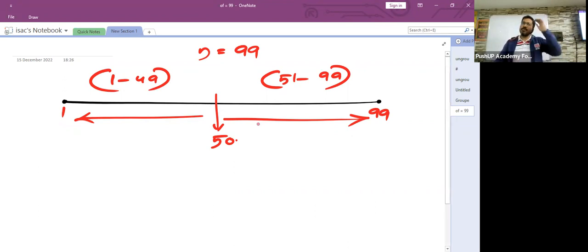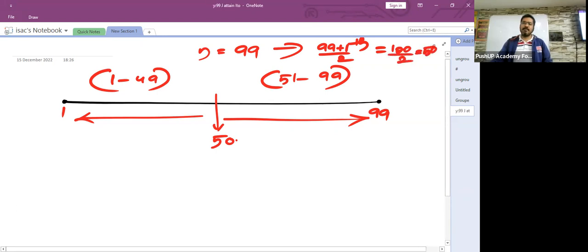Now children, those who did it by using the formula, they just did this: (N plus 1) by 2th term. 99 plus 1 is 100. 100 by 2 is 50. So the 50th term, and the 50th term will be nothing else but 50 itself, isn't it?